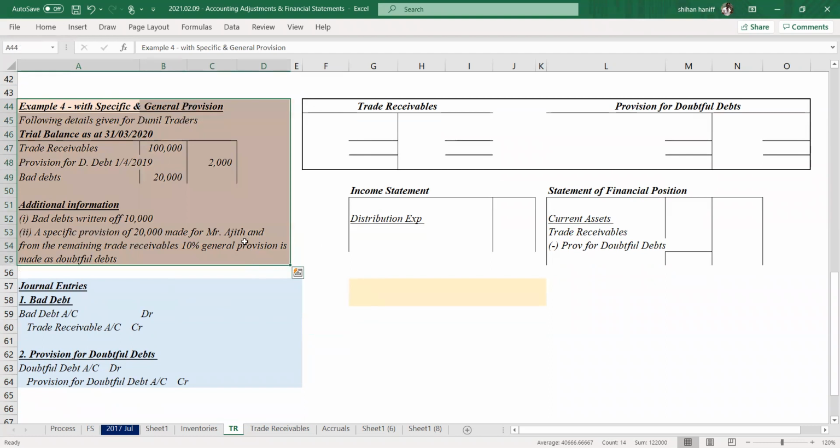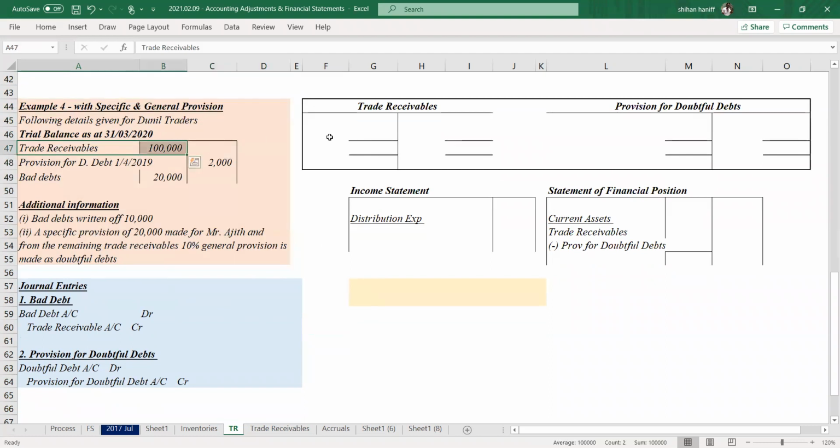Example 4. Opening balance brought forward 100,000. Doubtful debt opening balance is 2,000.